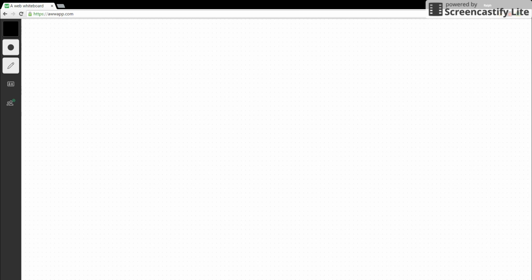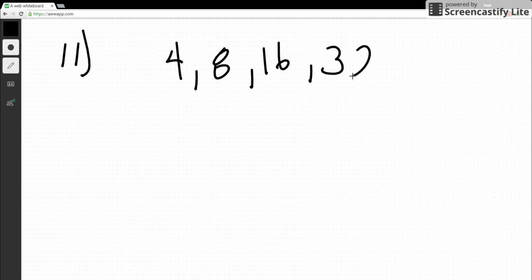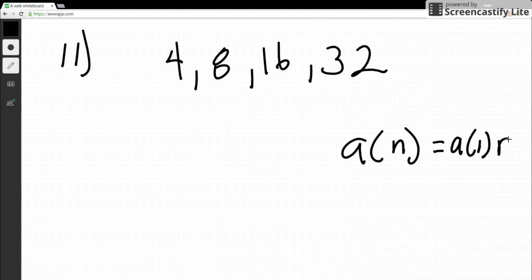Okay, let's write the explicit formula. This is number 11: 4, 8, 16, 32. Just to remind, our explicit formula is a of n equals a of 1 times r to the n minus 1. So I need to figure out what the r value is.